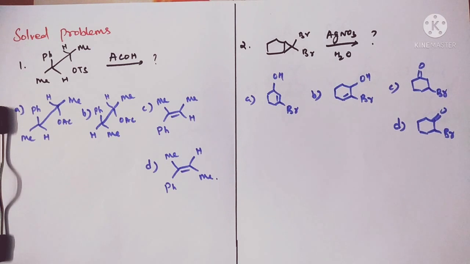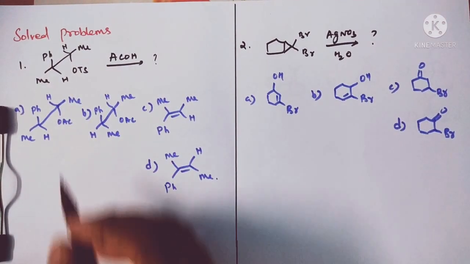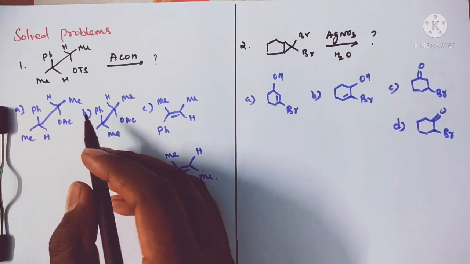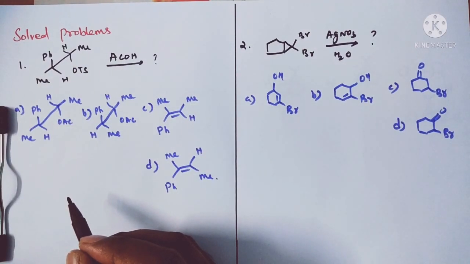Let's discuss previous year question papers. In the first question, what is the major product? We already discussed that this phenyl forms the phenonium ion, which is stable.